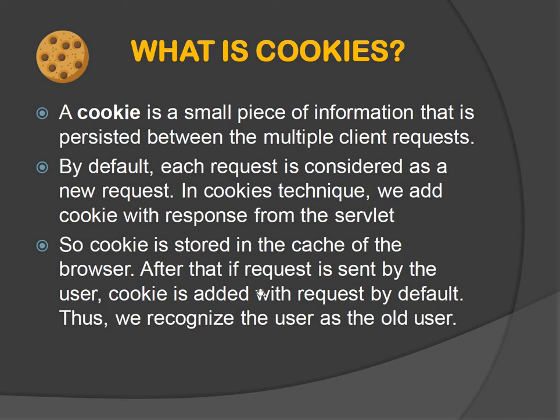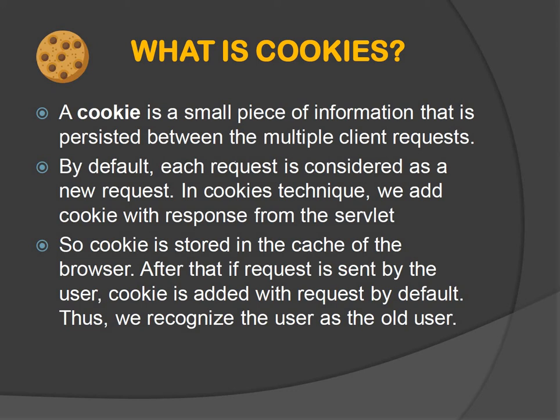After that, if a request is sent by the user, the cookie is added to the request by default, and this will recognize the user as an old user. So cookies store data in the cache when we recently visit pages.